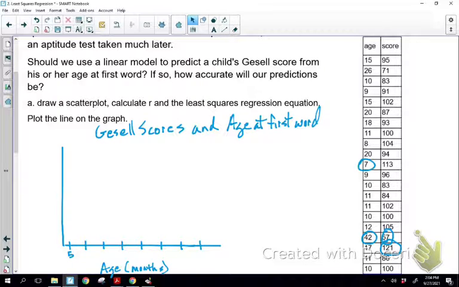I think that's enough. And then I have my scores going from 57 to 121, so maybe start at 50 and go by 10s up to 120. I think that'll work.